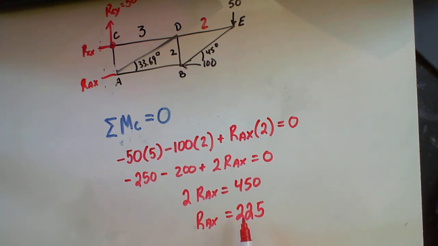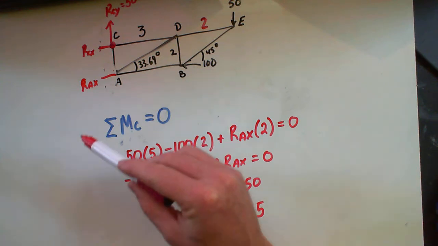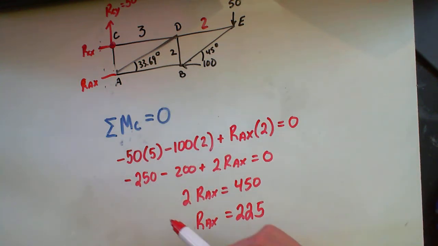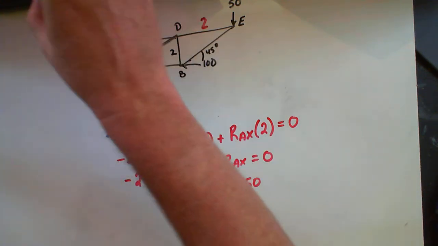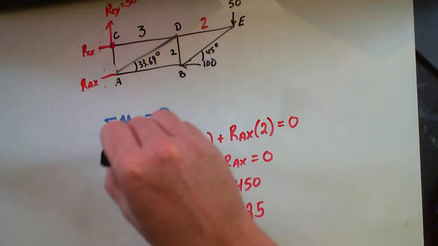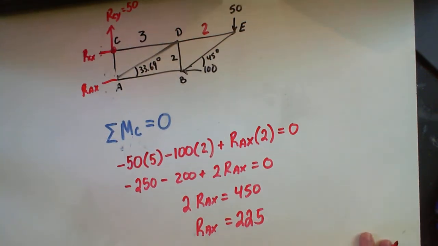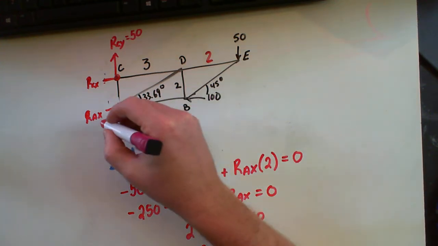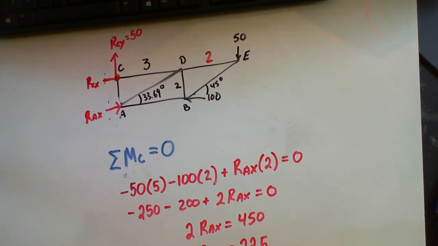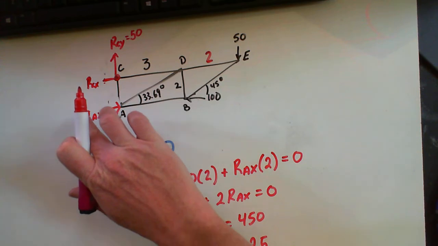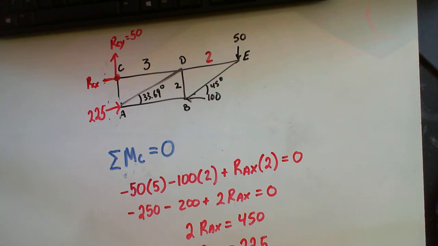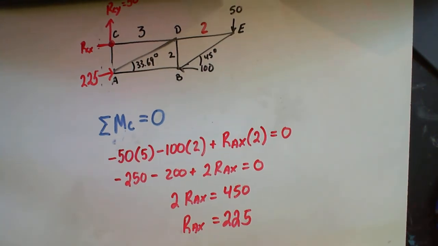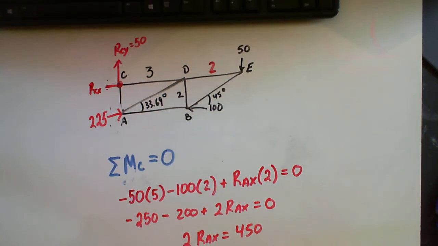Since it is a positive 225, that would put it in the counterclockwise direction. So with respect to this RX, that's going this way. And so we have this value coming in at 225. We have now used the moment to calculate that value.